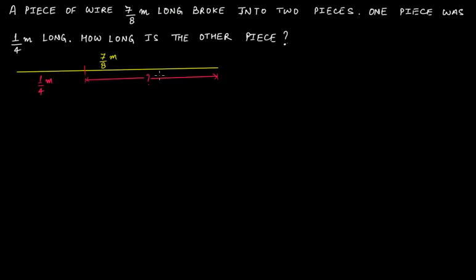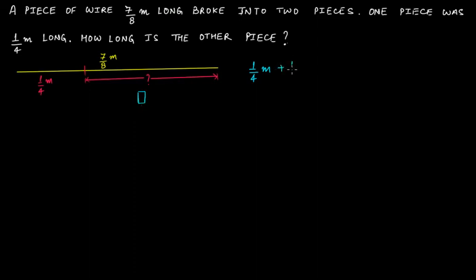Now clearly we can see that if I add this piece plus this piece, so let's say we have this one piece, it should be 1/4 meter, and plus let's say this is x meter, or let's mark it like this, since we don't know, it's a blank.